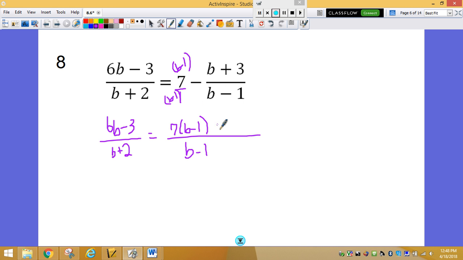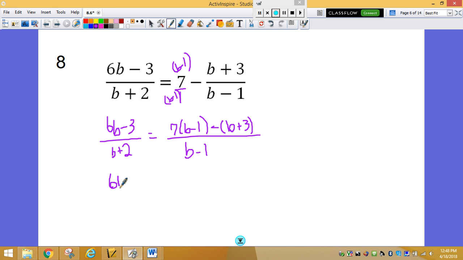This already has the b minus 1. So I'm just going to rewrite the b plus 3. Now, it's important that you put it in parentheses, because, look, this is a subtraction, and that subtraction is going to have to distribute to both of them. Okay? So let's start combining like terms.